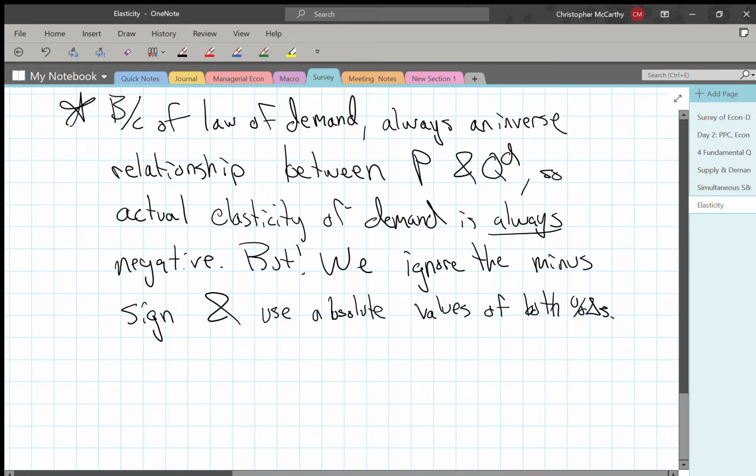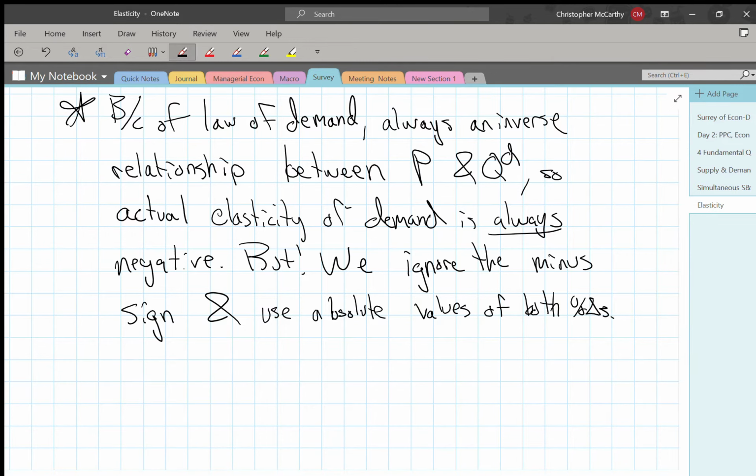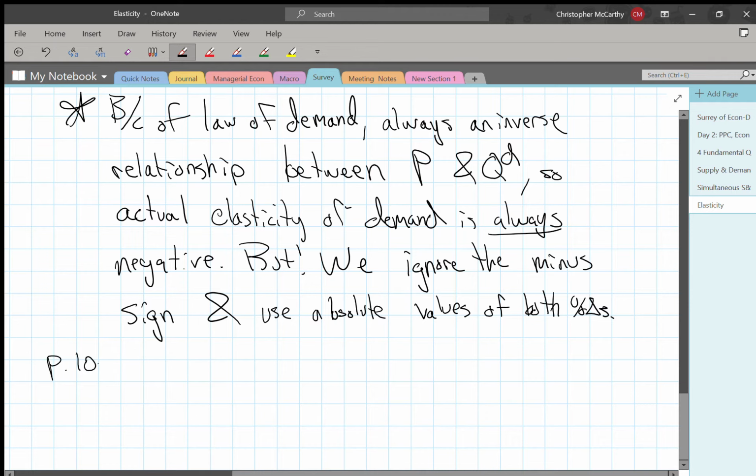All right, so let's go ahead and do some practice. Back of the book, number 2, so page 106. This is just the questions part of chapter 4, and we're going to do number 2.